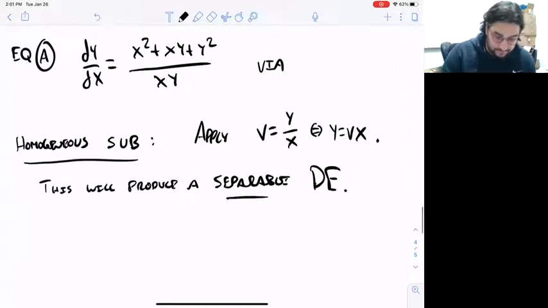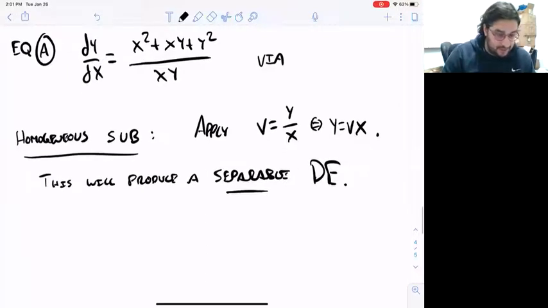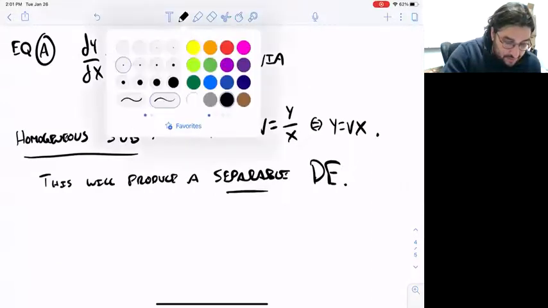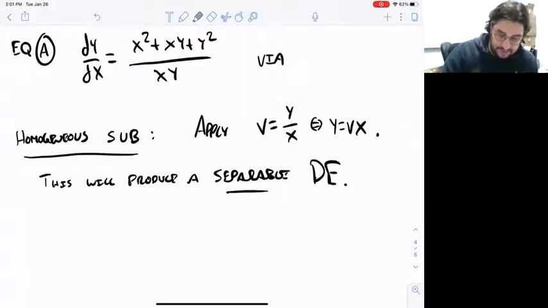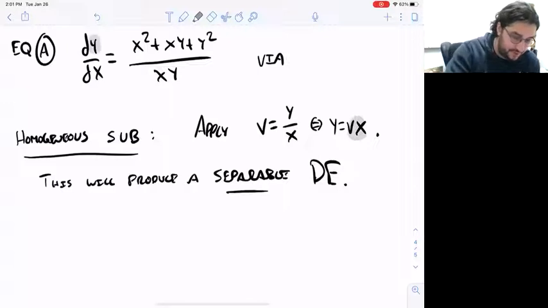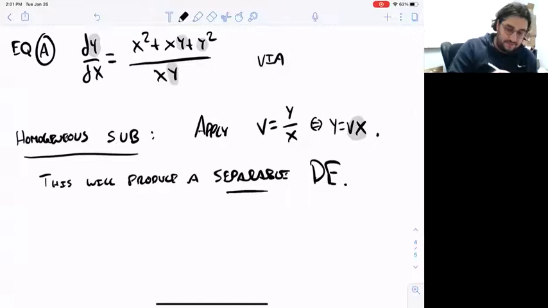So let's do this. Let's take the substitution y equals vx, and let's plug that in for all the y's. So I'm taking this expression vx, and I'm going to put it here, here, here, and here, right? That's your first step.